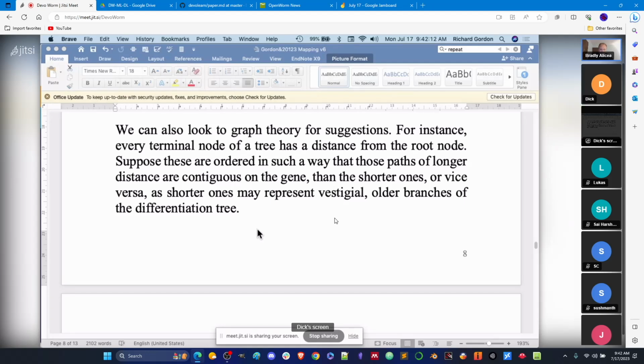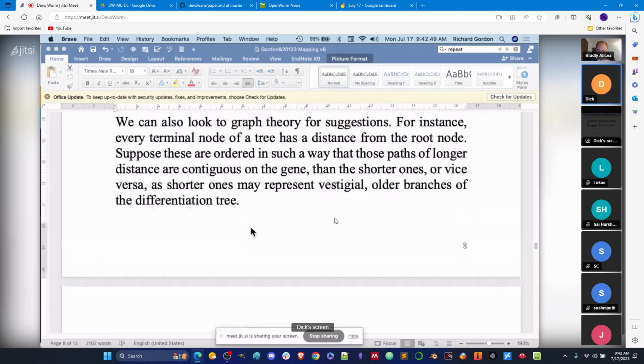So for all of the terminal nodes, you could order them by distance, and if you take either the longest or the shortest first, that could place some restrictions on what the representation on the genome might be. So I think that's as far as I got.